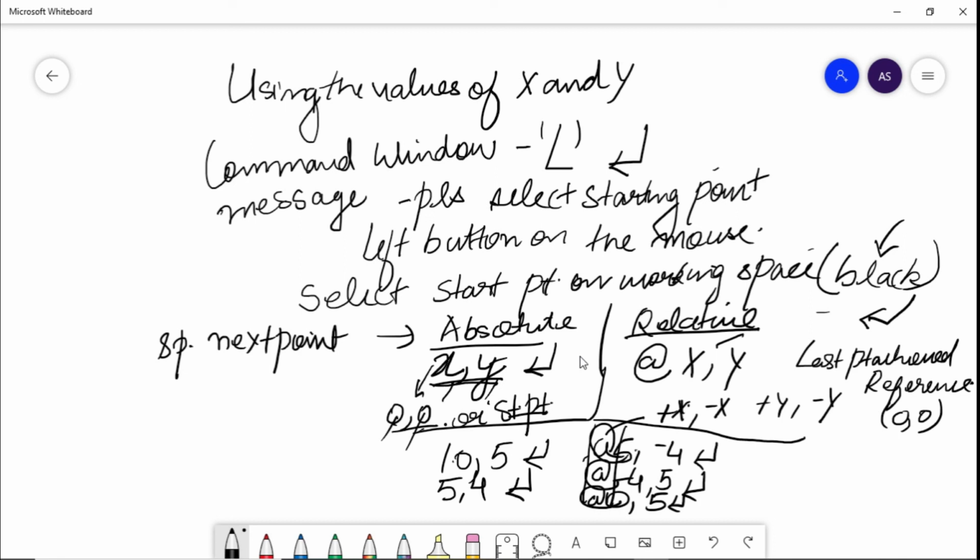When you simply put @, it is recorded in the software. And for absolute coordinates, never use @. If you are using @, it will automatically shift the system to the relative coordinate system.